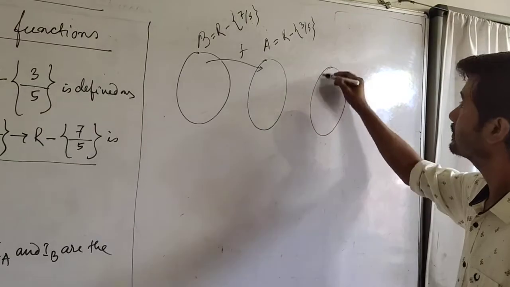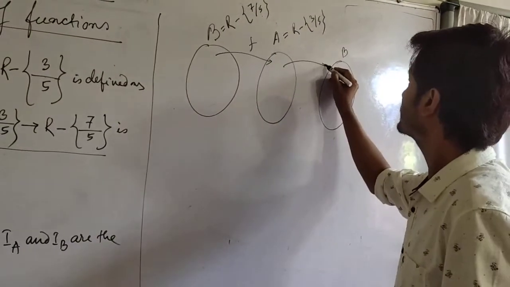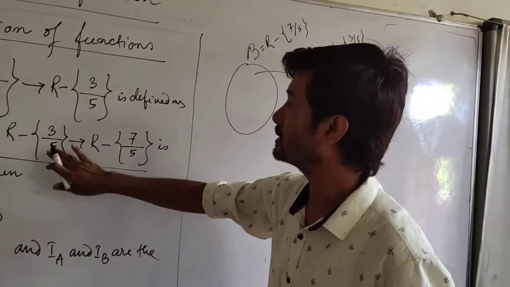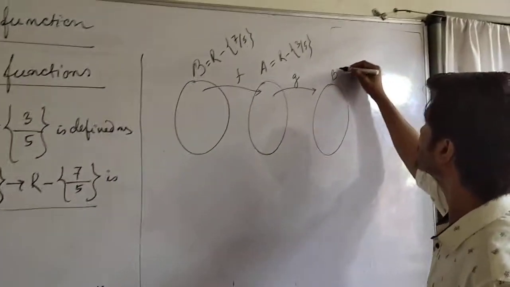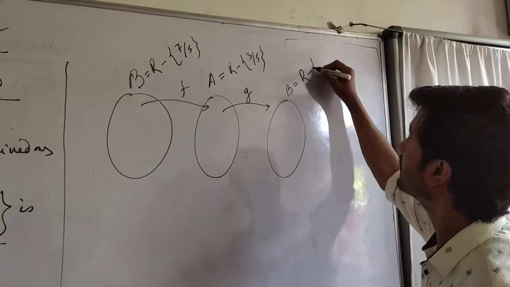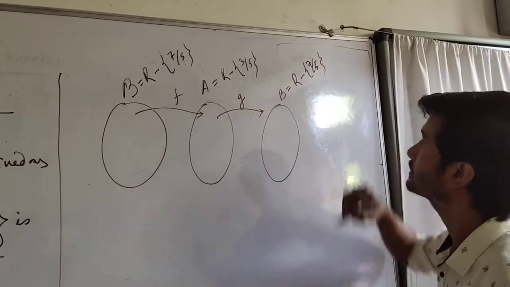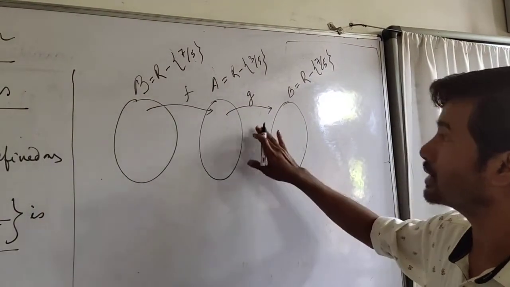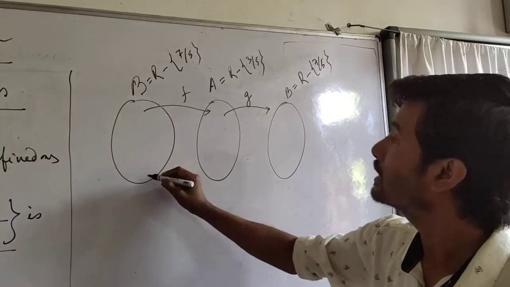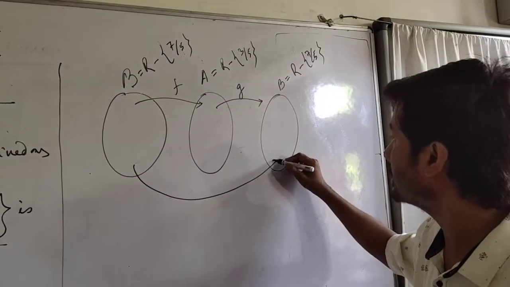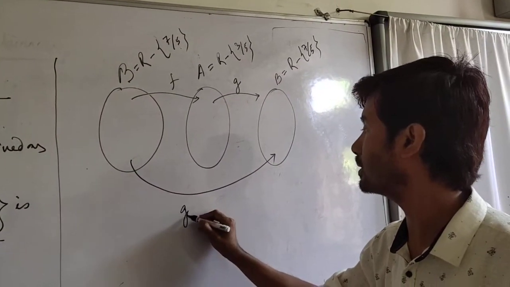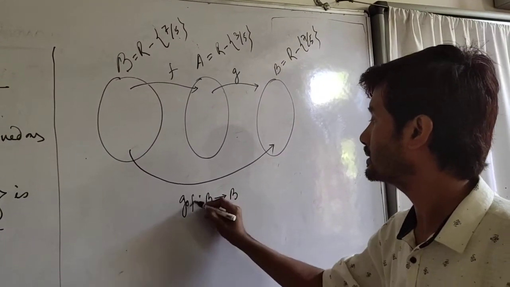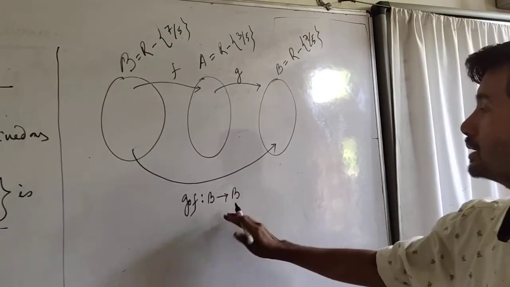Again, G is the function from R minus 3 by 5 to R minus 7 by 5. Again, you see this is R minus 7 by 5. The first function is f from B to A, the next function is G from A to B. It is obvious that their composition, the function GOF, will be a function from B to B. GOF is a function from set B to B.